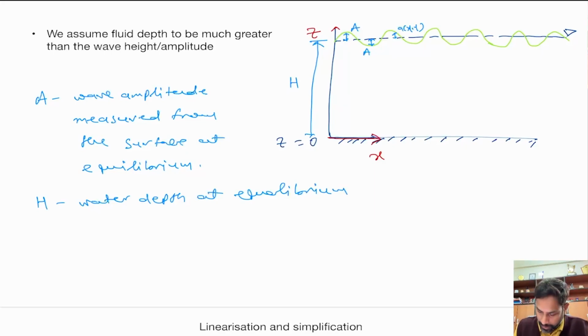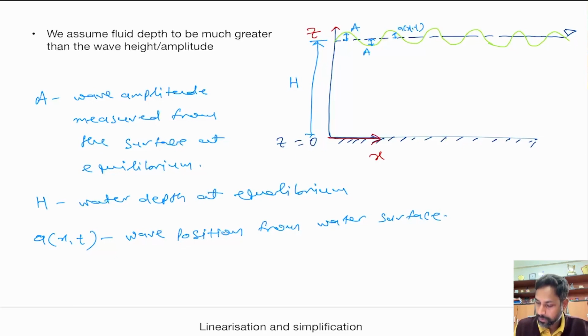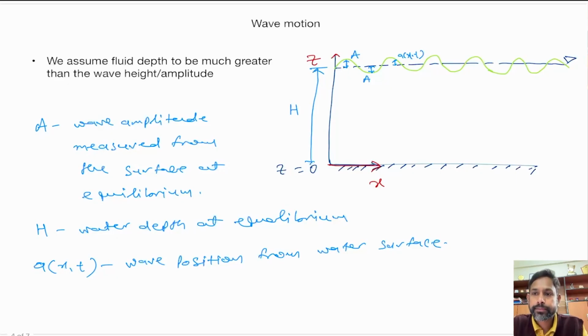All right, and small a, which is a function of x and t, is the wave position from the water surface. Okay, so these are different parameters we have for analyzing the wave.